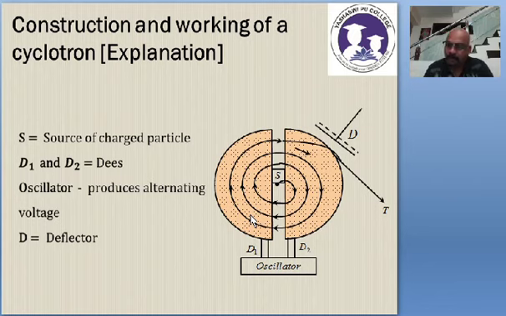Now you have to understand one more thing, that a magnetic field is applied. A magnetic field is applied in a plane perpendicular to the plane of the Ds, perpendicular to the diagram also. Just imagine that you have kept the north pole of the magnet on one side and the south pole on the other side.